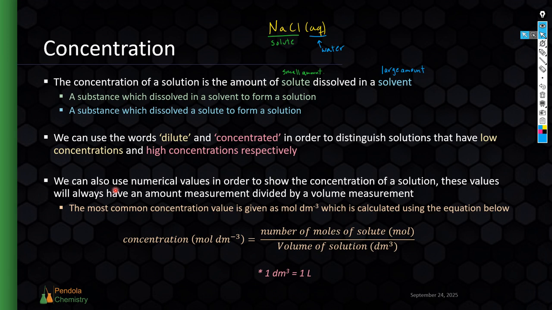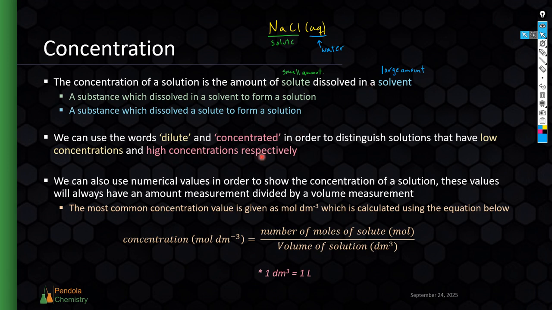Dilute generally just means a low concentration, not any particular amount, but a small amount of solute in solvent. And concentrated means a very high concentration, a very high amount of solute dissolved in the solvent.